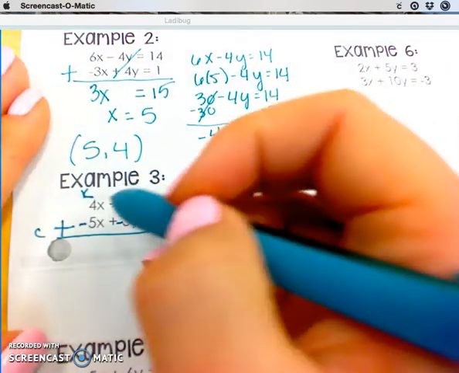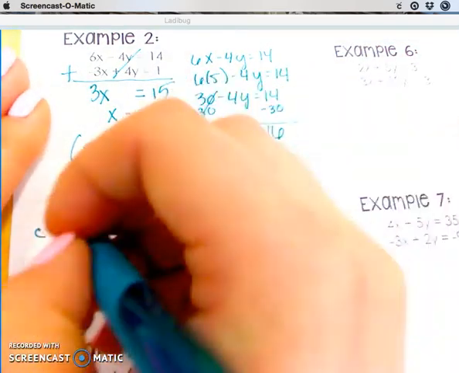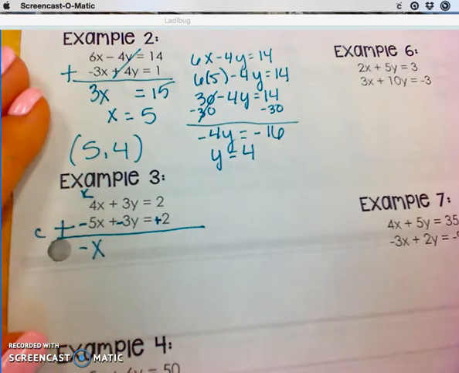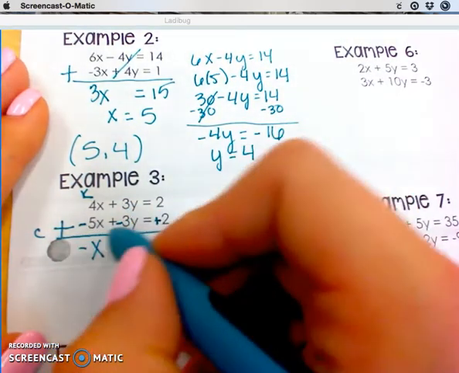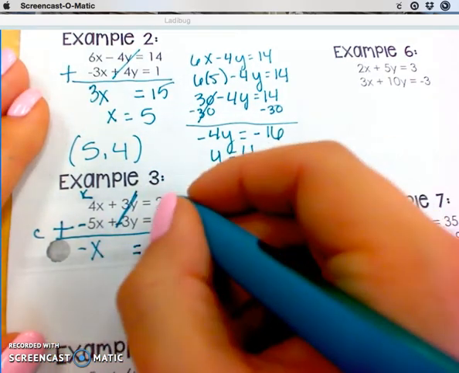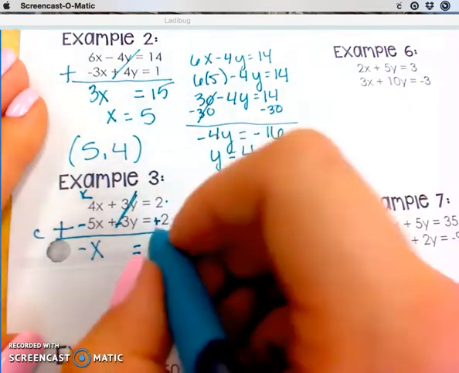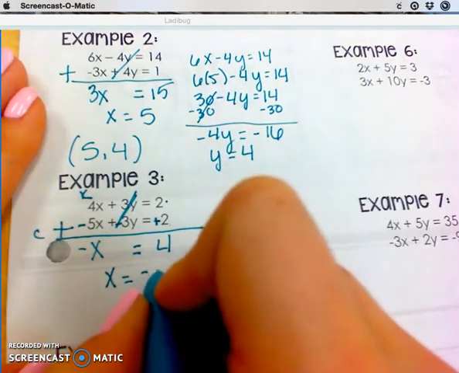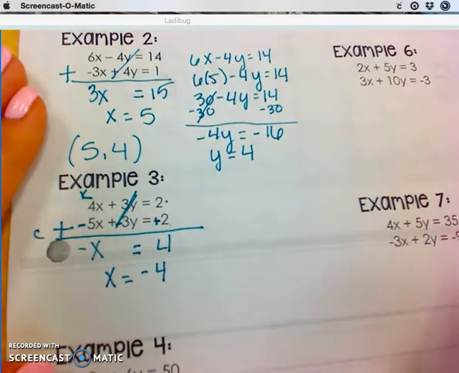So 4 plus negative 5, or 4 minus 5, is negative 1x, or negative x. 3 plus negative 3 does cancel out, so negative x equals 2 plus positive 2 is 4. Divide by negative 1, x is negative 4.